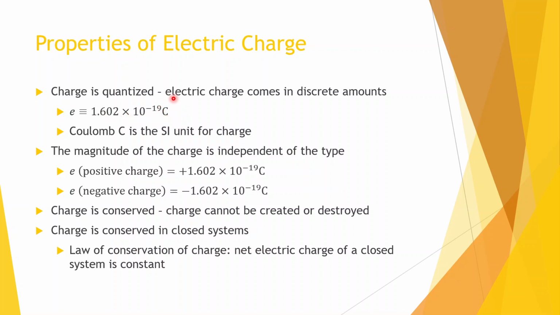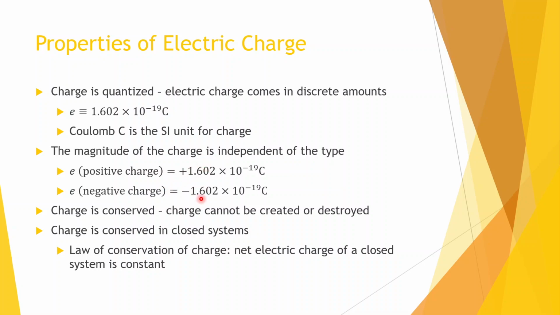Okay, that C means coulomb, and that is the SI unit for charge. And this value can either be positive or negative depending on the charge type, and all that changes is this sign. So a positive charge will have a positive value, a negative charge will have a negative value.